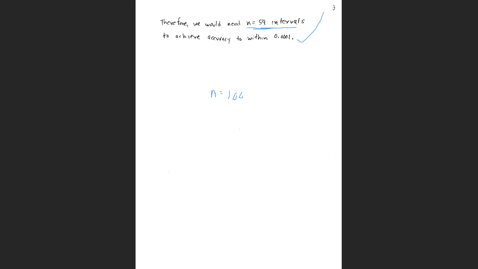this many subintervals. How many subintervals is that? 6 zeros gives you a million. 9 zeros gives you a billion.